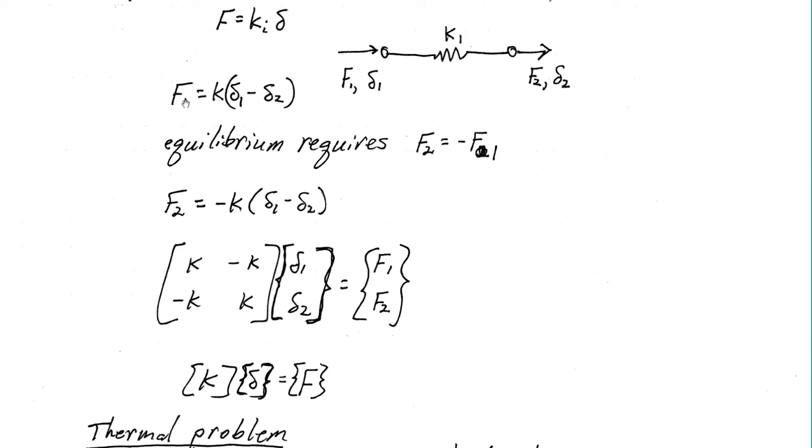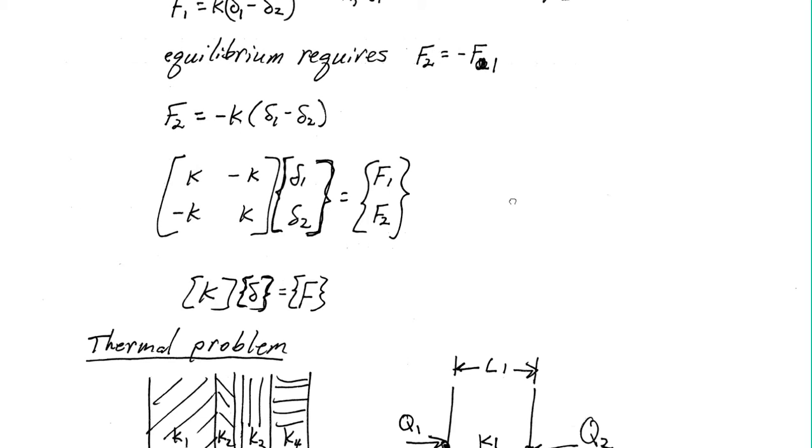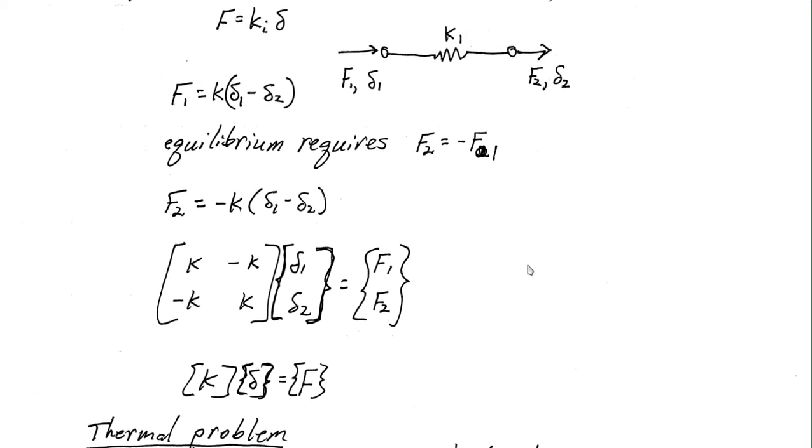Now I have two equations, F1 and F2, based on this one element. I can put that into a matrix. So if you multiply this out, the first equation is here, second equation is here, and I can also put this in a matrix form. So here you've basically set up a finite element problem, okay, for a single element.